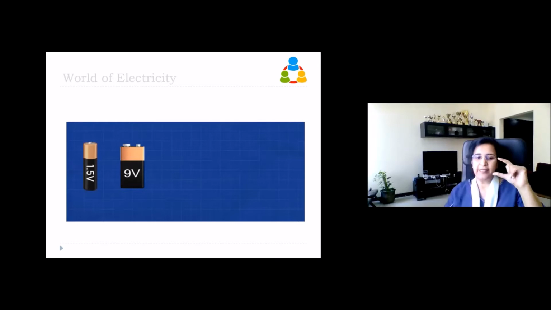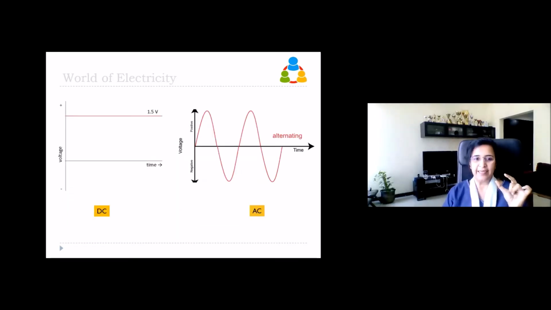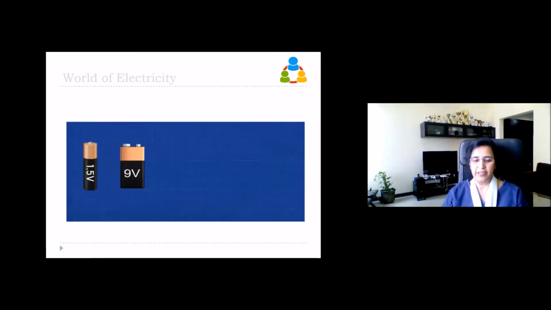The 1.5 volt AA battery or AAA battery produces a DC current. That is, the current will always be stable like this and will not vary with time, but what is coming from the electricity board will be varying like this. So varying current is called AC, and the other one is called DC.